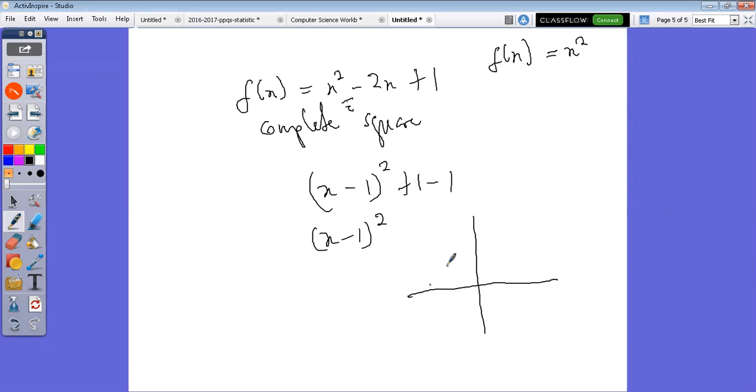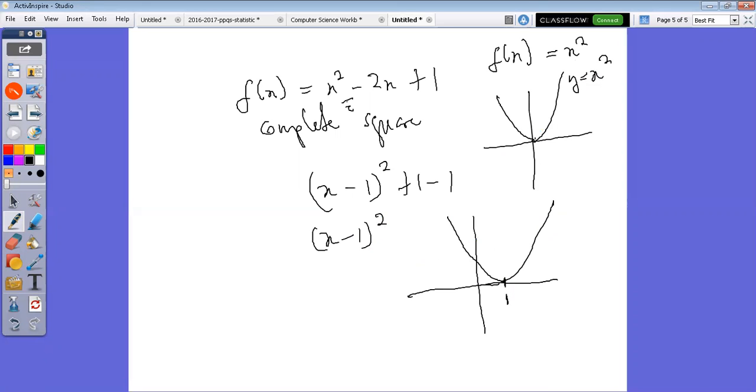The same graph, remember we did the graph of y is equal to x squared. Let me put it here. Now, if it's minus 1, I'm simply moving that whole graph 1 unit here. Instead of being at 0, it's now at 1, like this. Clear? Is it not supposed to be at minus 1?